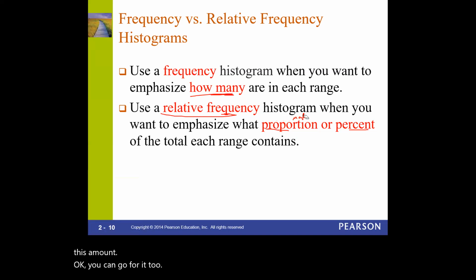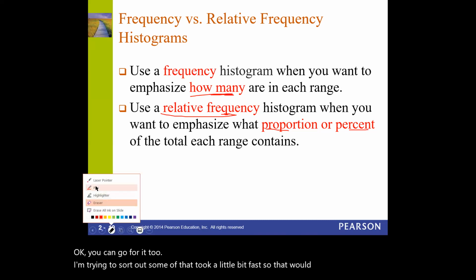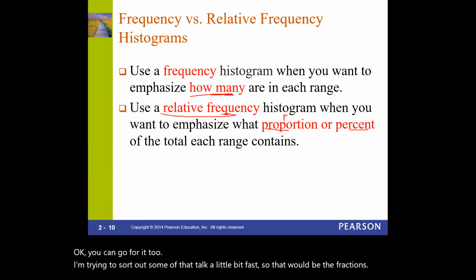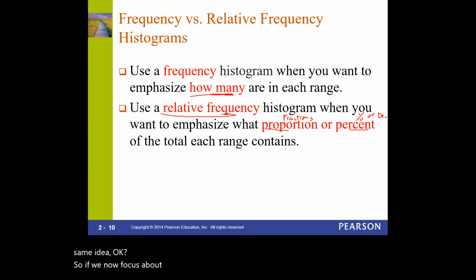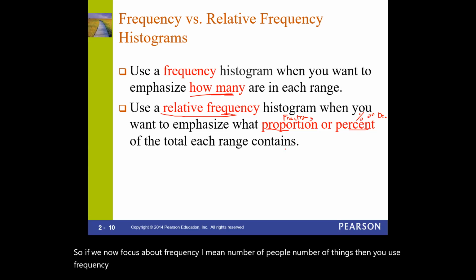I'm sorry, sometimes I talk a little bit fast. So that would be the fractions. And this one will be the percent. We already talked about the percent or the decimal, kind of the same idea. Okay. So if you want to focus on frequency, I mean, number of people, number of things, then you use a frequency histogram. If you want to talk about proportion or percent, you use relative frequency.